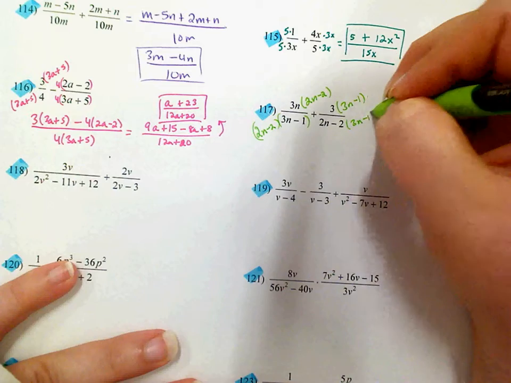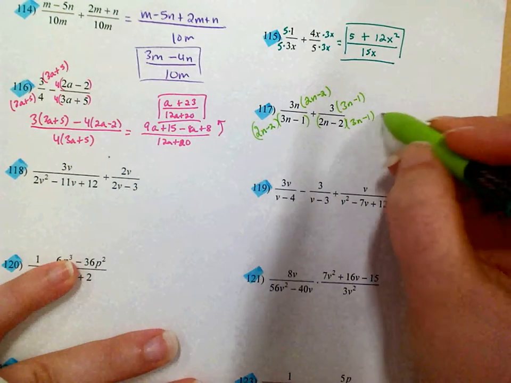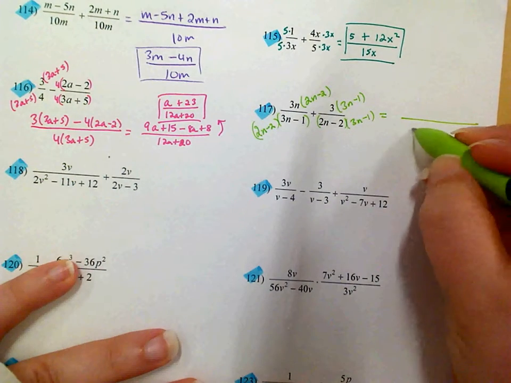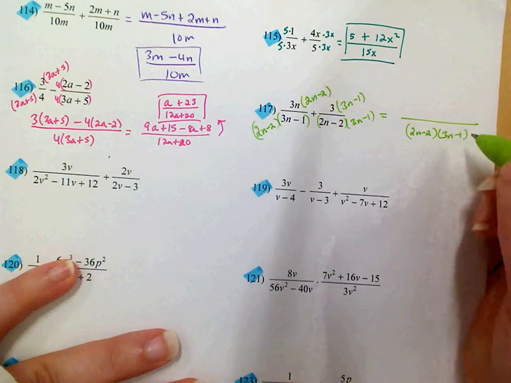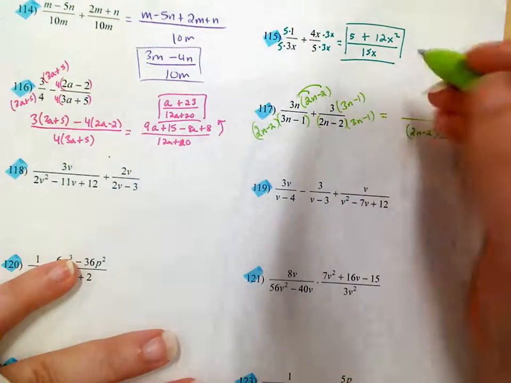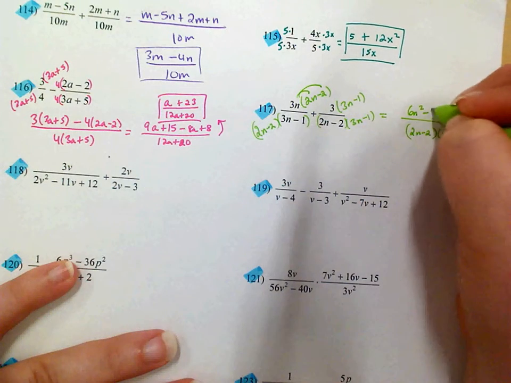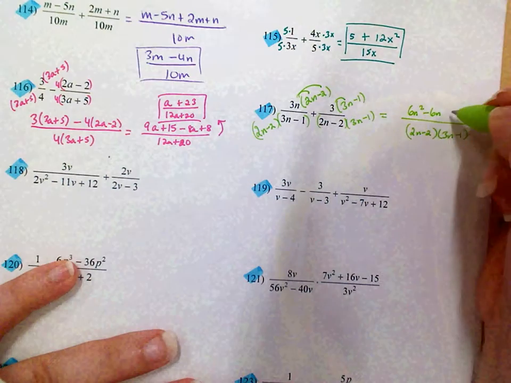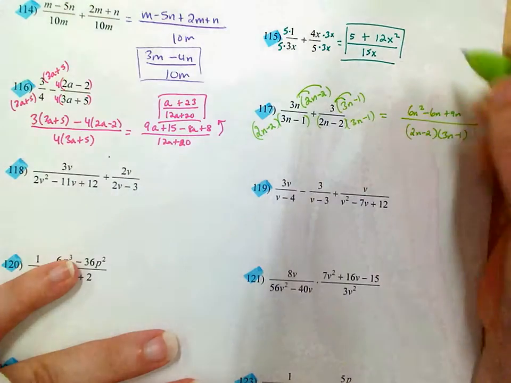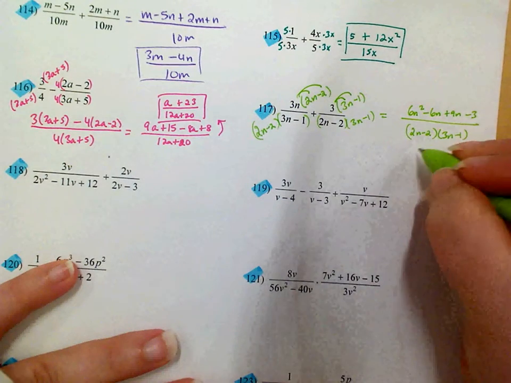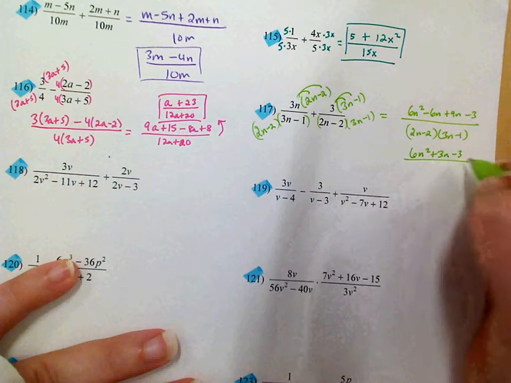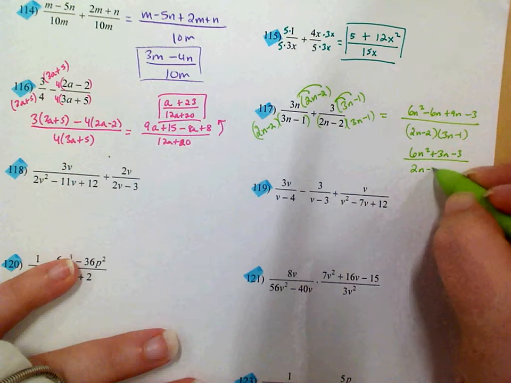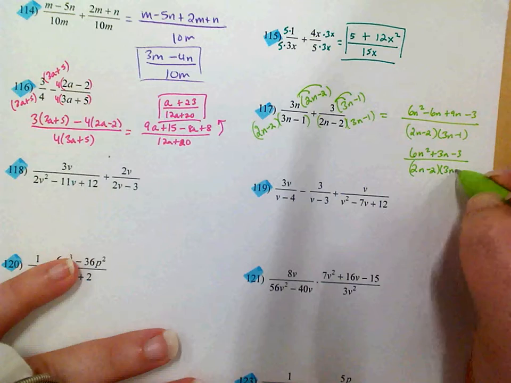Okay, so my common denominator is 2n minus 2 times 3n minus 1, and my numerator is 6n squared minus 6n plus 9n minus 3. So my numerator is 6n squared plus 3n minus 3 over my denominator of 2n minus 2 times 3n minus 1.